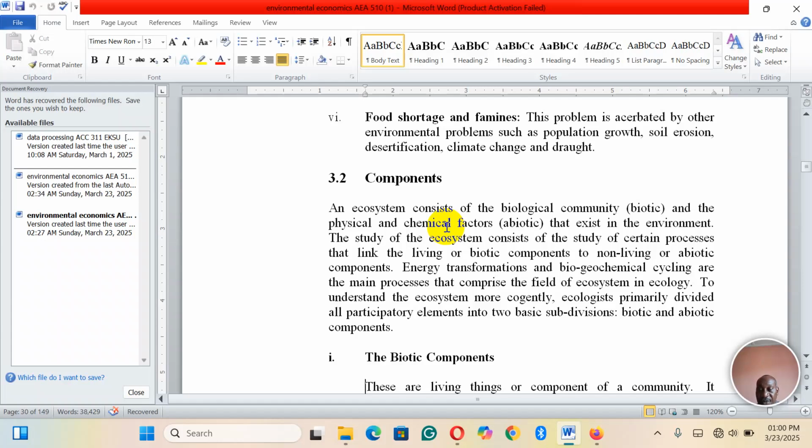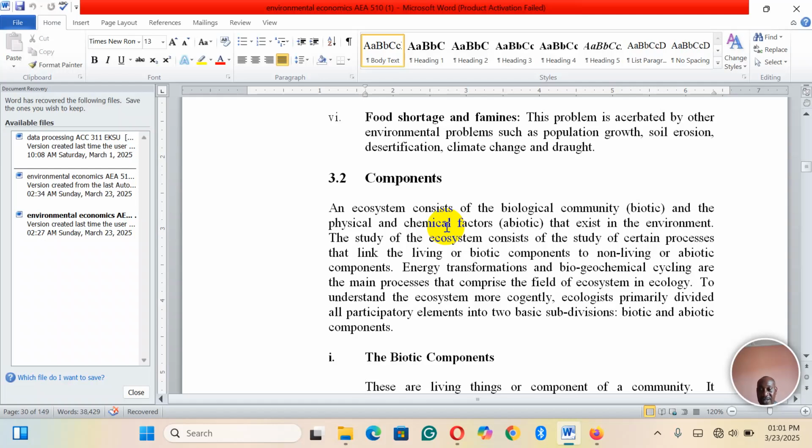The study of the ecosystem consists of the study of certain processes that link the living or biotic components to the non-living or abiotic components. Energy transformation and geochemical cycling are the main processes that comprise the field of ecosystem ecology.